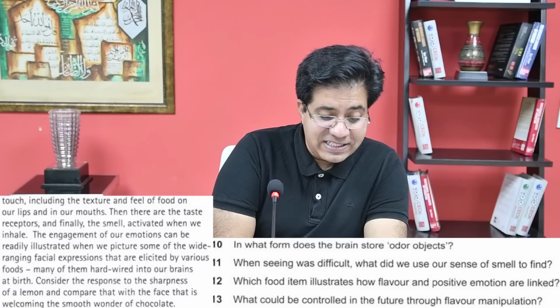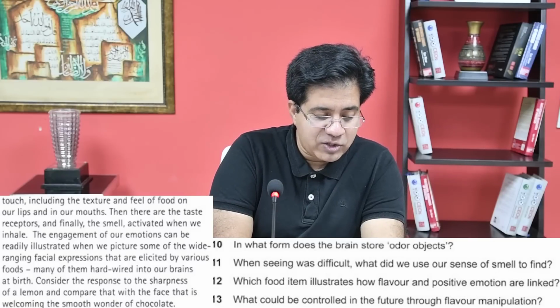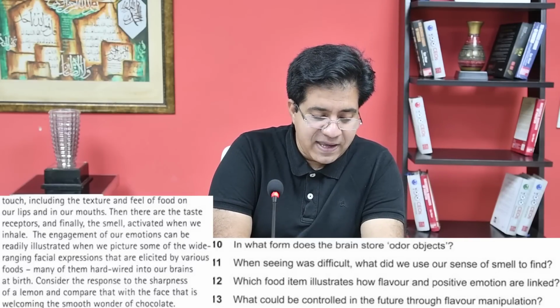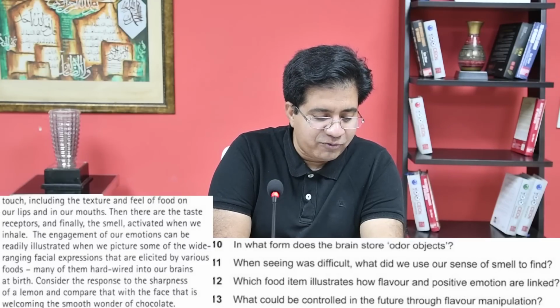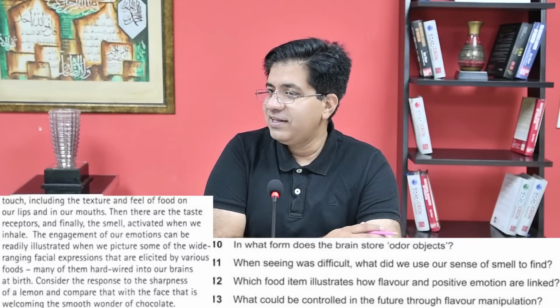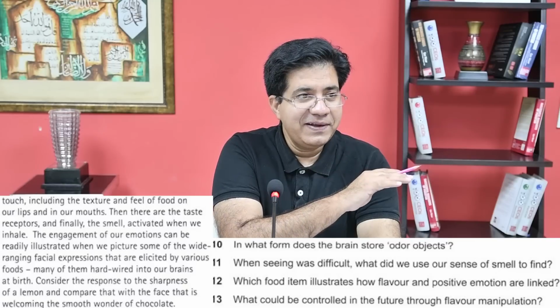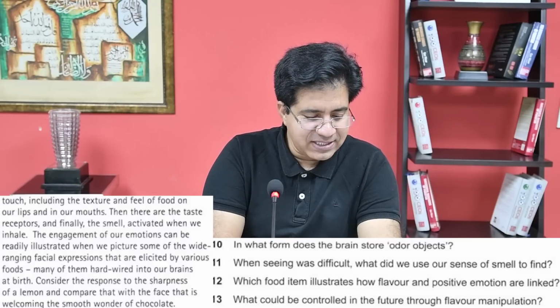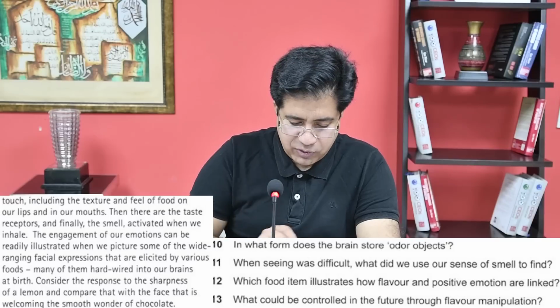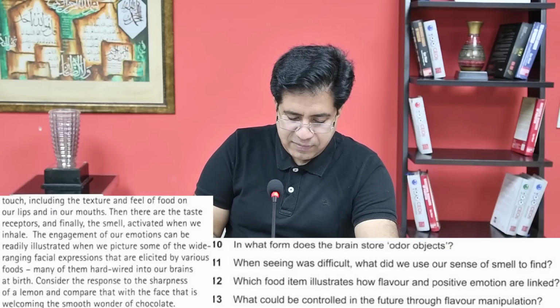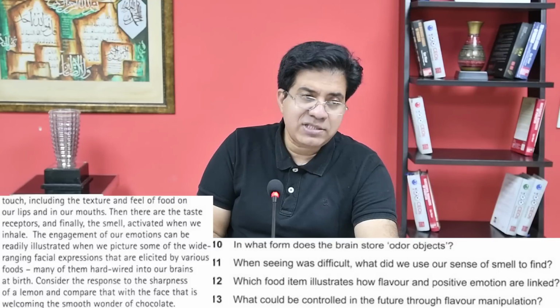So consider the response to the sharpness of a lemon and compare that with the face that is welcoming the smooth wonder of chocolate. Sharpness of lemon. Okay. So then face that is welcoming the smooth wonder of chocolate. So actually the question is, which food item illustrates how flavor and positive emotions are linked?